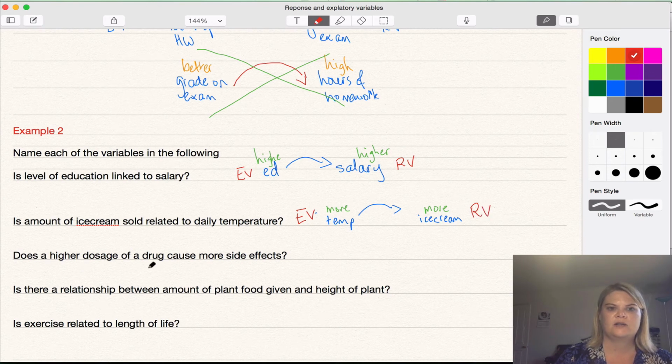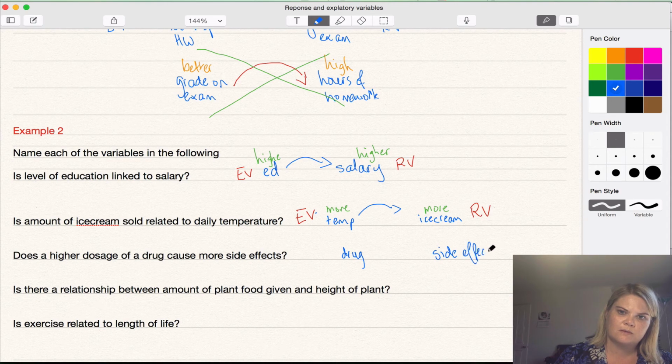Does a higher dosage of a drug cause more side effects? Drug, side effects.